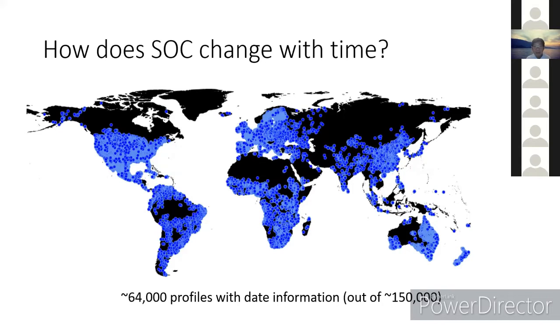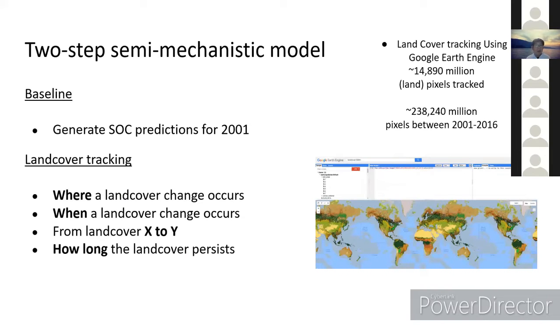Based on observations, we run a prediction of where the land cover changes. We know that when land cover changes, that means that you lose or increase the carbon stock. And when does it change? From what land cover to what land cover tells you whether you gain or lose carbon stock, and how long ago it changed.